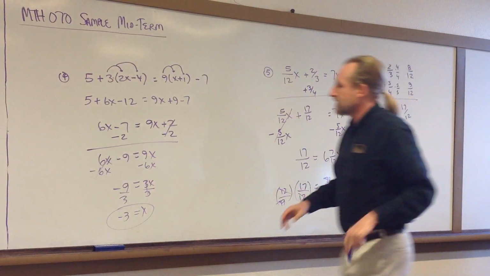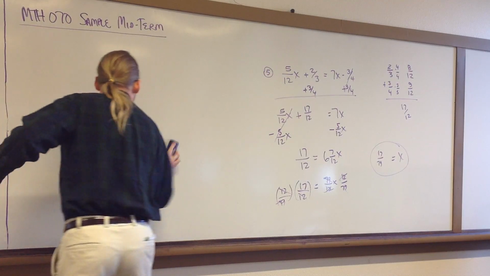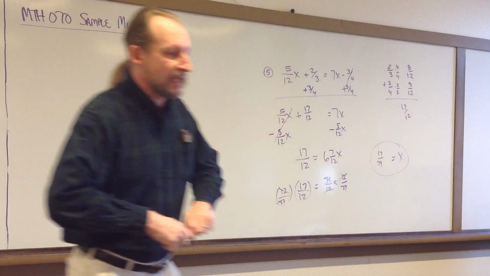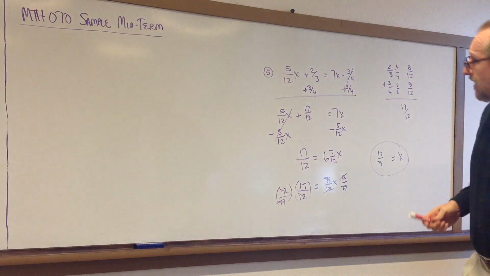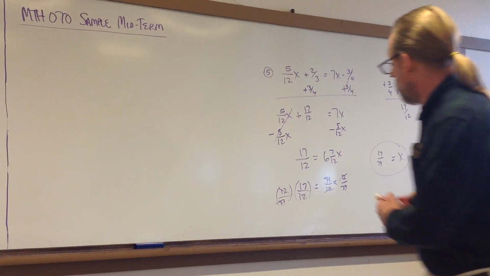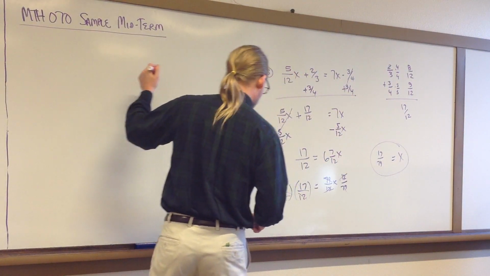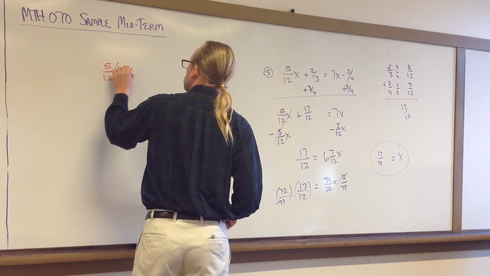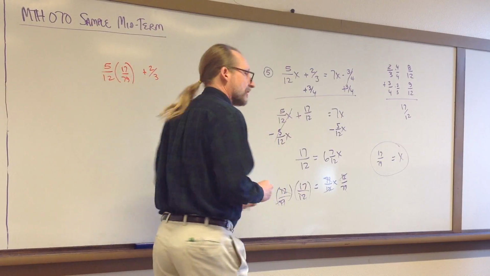I'm going to check this answer to make sure that it's correct. There's nothing wrong with it. It's just I don't recall setting up this problem to have that answer. So let's double check it. We want to do 5/12 times 17 over 79 plus 2/3.